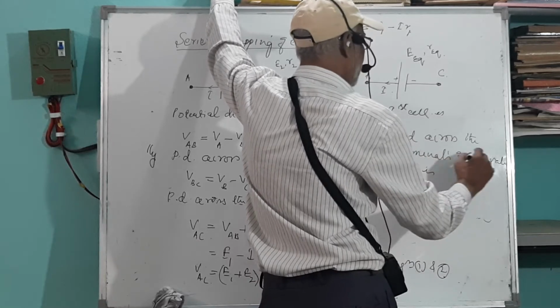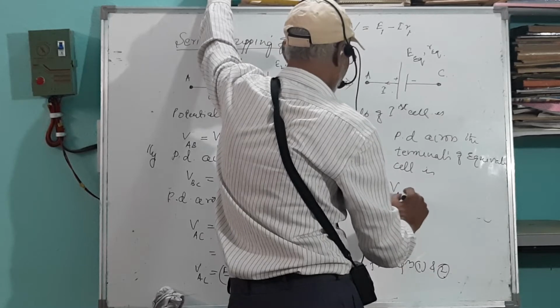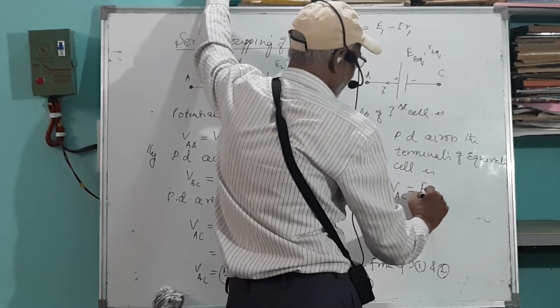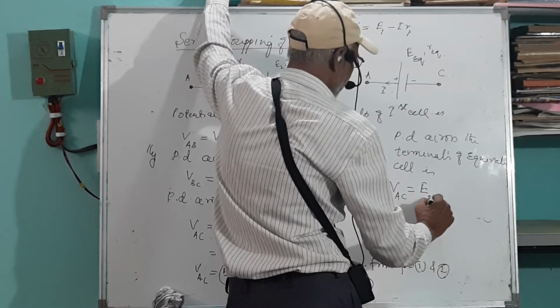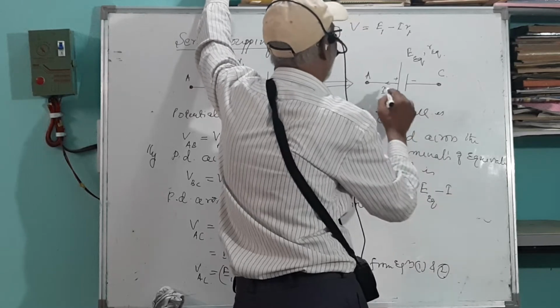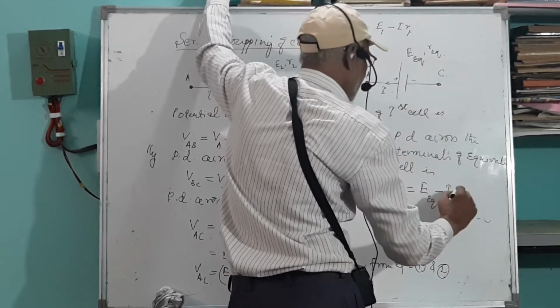The PD across the terminals of the equivalent cell, that is VAC, is equal to the EMF, that is the equivalent EMF, minus the current I times the resistance, here R equivalent.